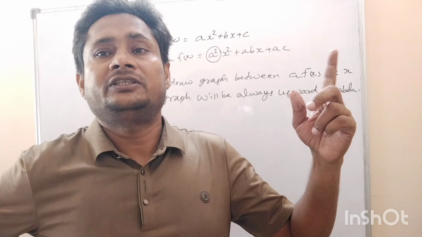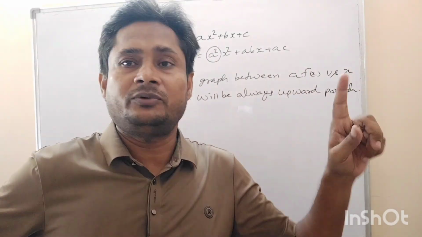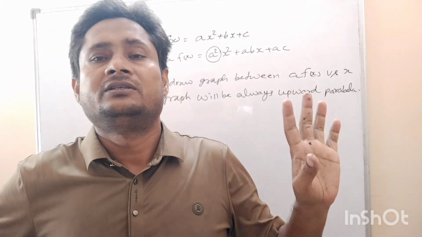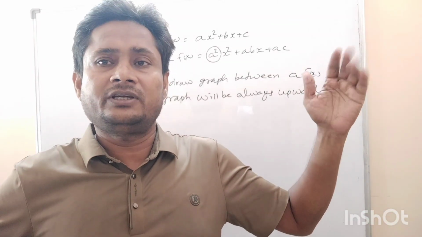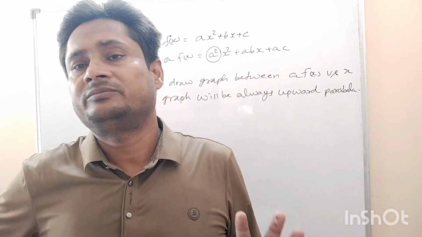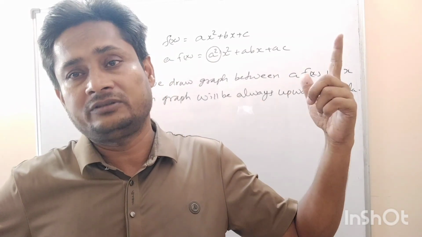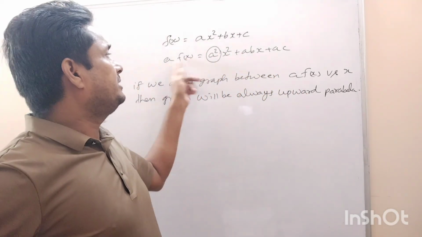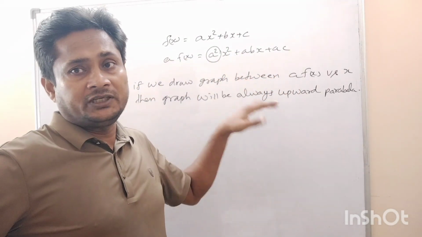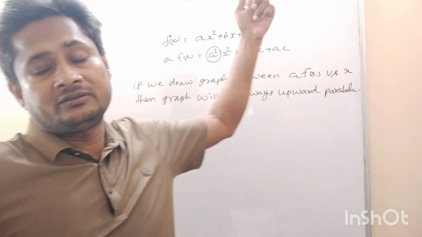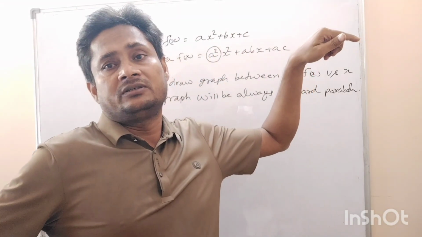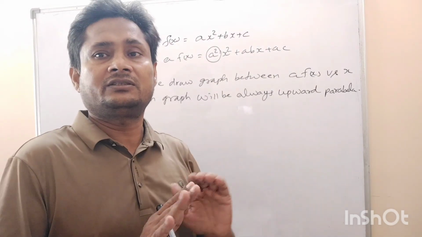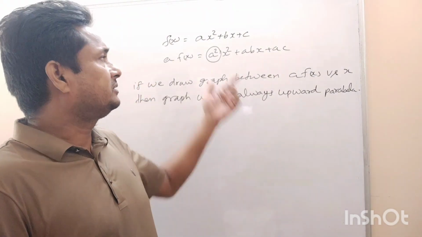So instead of studying both cases, for a positive and a less than 0, where there will be two sets for each one, if we multiply by a on both sides, then the graph will always be upward, and both cases, a positive and a negative, we will study here in combined form.